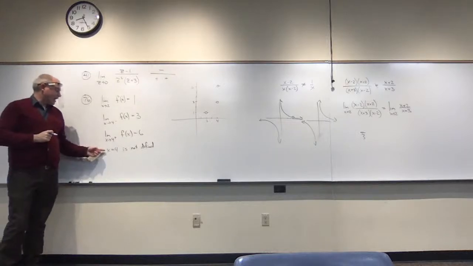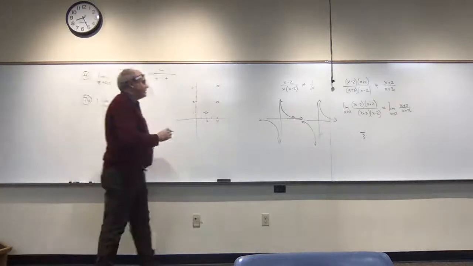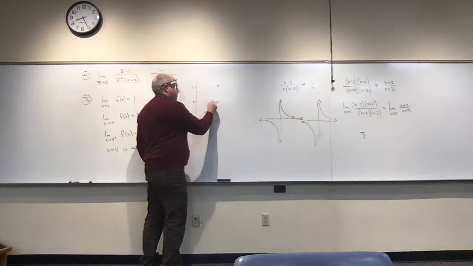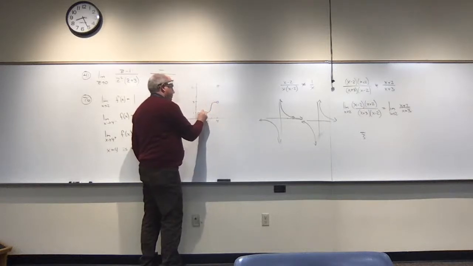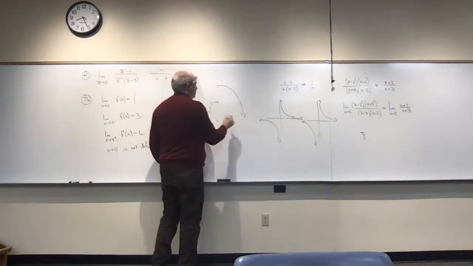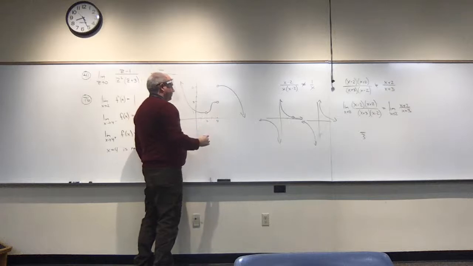And then it says that at 4, this function's not defined. So I don't have to fill in anything. And now I just kind of connect the lines. This could do whatever it wants to. Maybe it goes up this way. And I suppose this point at 2 could do whatever it wants to.